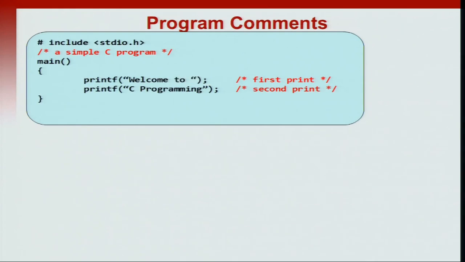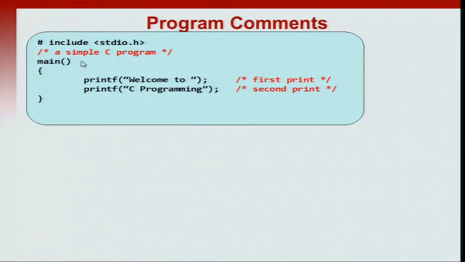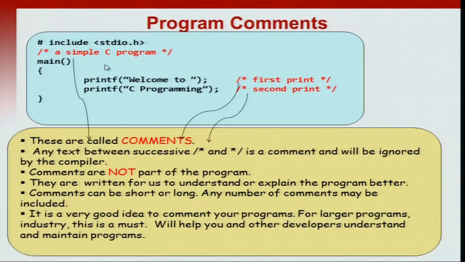Now, when you code, in addition to the statements which are actually executed, you may also give a few additional remarks. These are what are known as program comments. For example, the lines a simple C program, first print and second print, these are the comments in the code. Okay. So, whatever is highlighted in red in the code is what are known as comments.